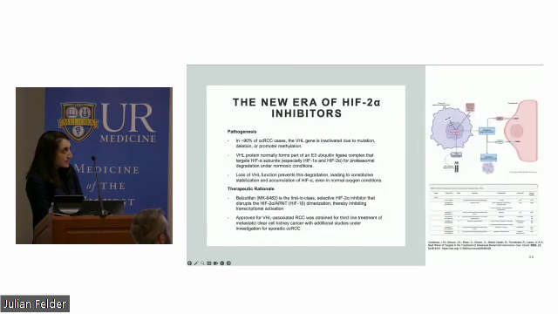Now, one of the newer targets that we've had in kidney cancer treatment is what we call our HIF2 alpha inhibitors, and that's your hypoxia-inducible factor 2 alpha.